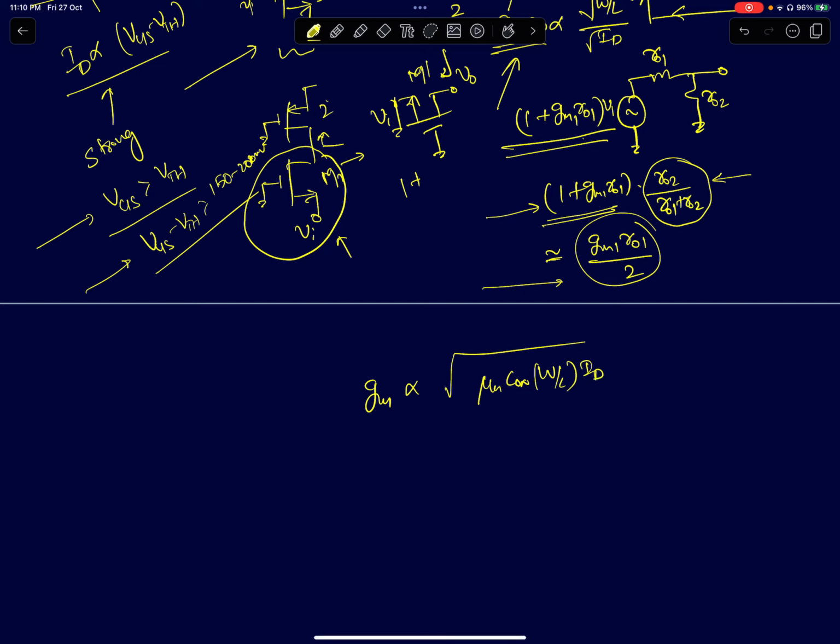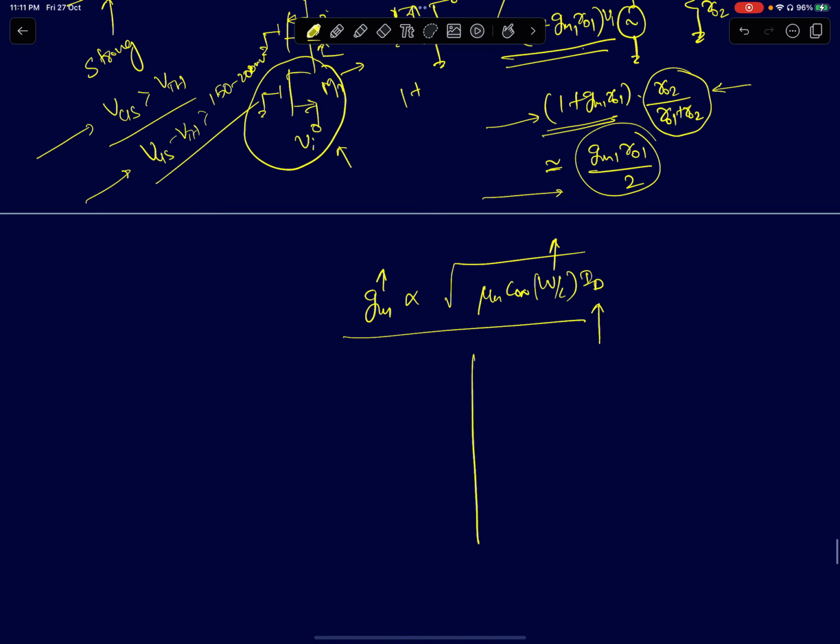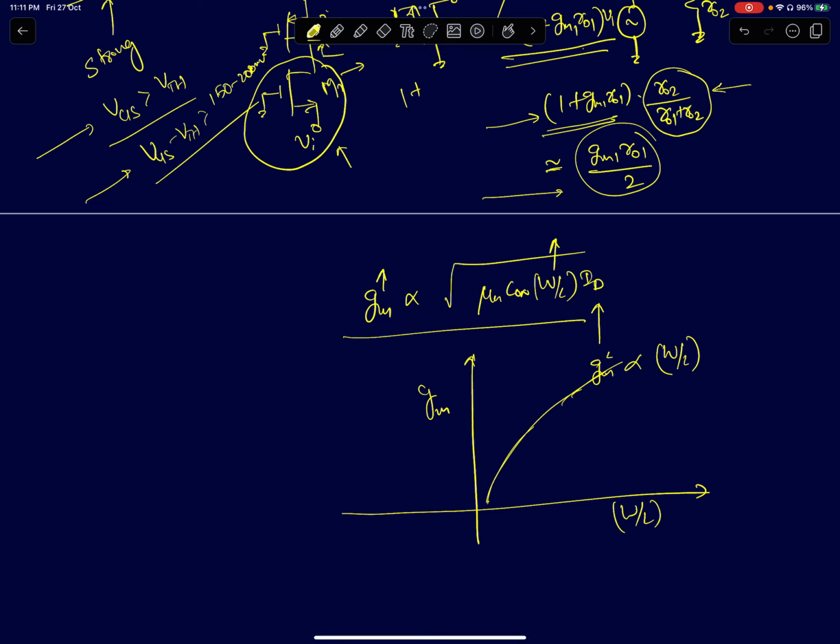So this result tells you for a given drain current, if I want to increase my transconductance, all I need to do is just increase my W by L. It's of this form, gm square is proportional to W by L. So if I plot gm versus W by L, it's like a parabolic curve, y square equal to x kind of curve. Both are positive, so it will be in the first quadrant and increase monotonically like this.